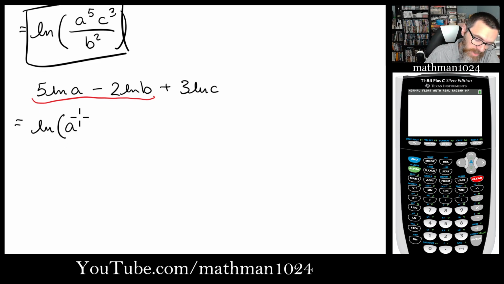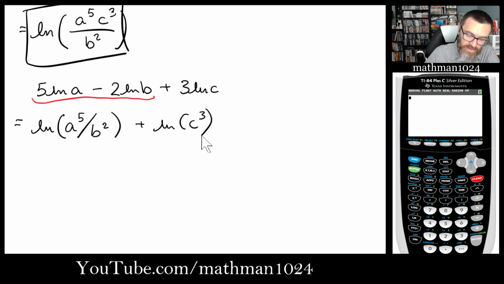So this is going to give me a to the 5th divided by b squared, plus, and we know this is going to become a natural log of c to the 3rd. And because of the addition, we know this is going to become multiplication.